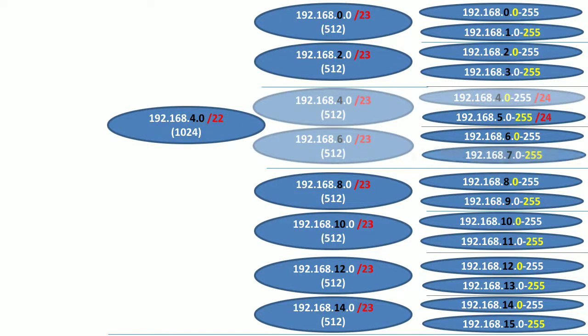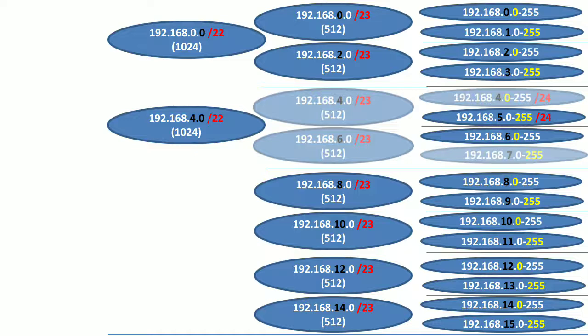So in between these addresses, all these IP addresses can be used for endpoints, but you cannot use these two IP addresses. These are just used for network IDs and the broadcast IPs.